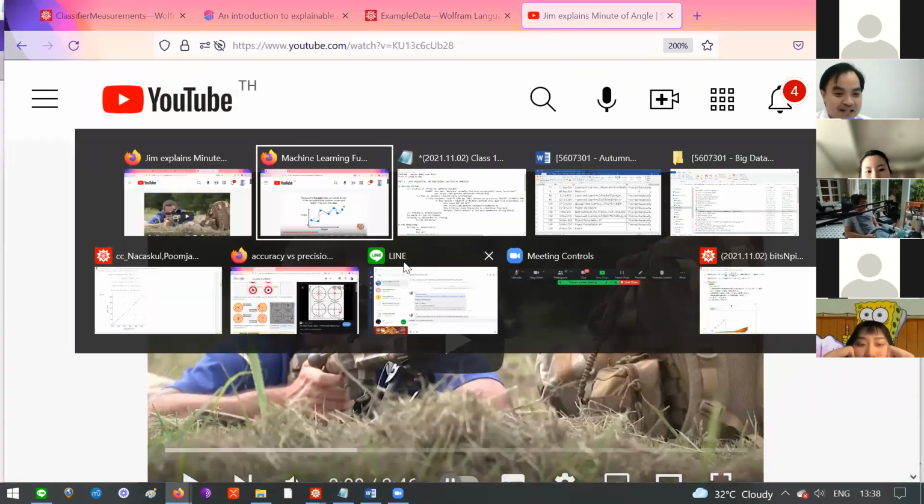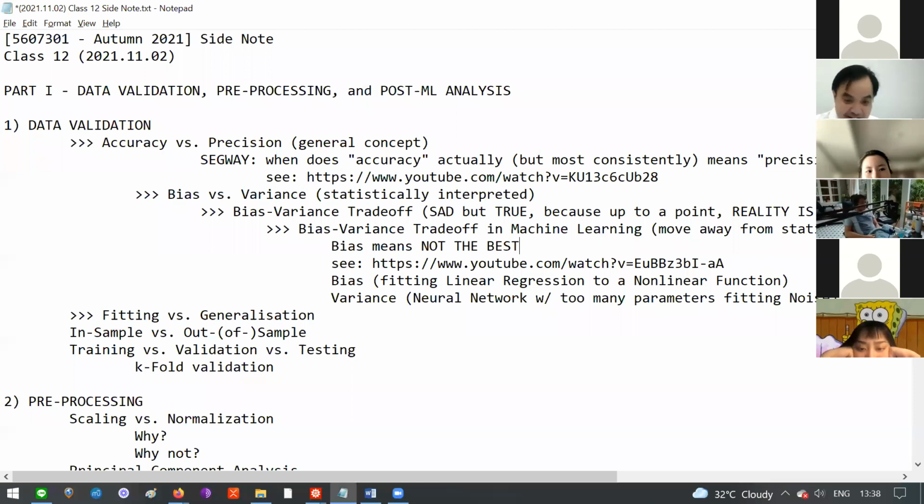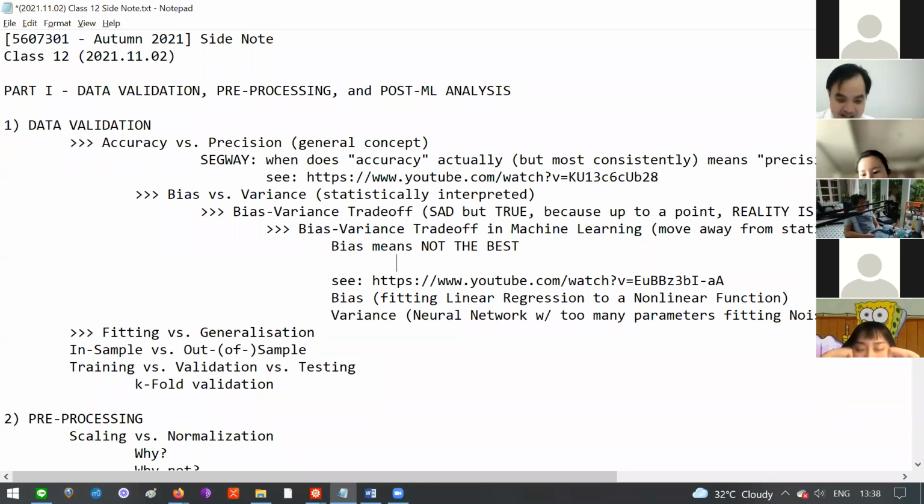Why? Because not the best in the sense of capturing the true nature of the function f of x.